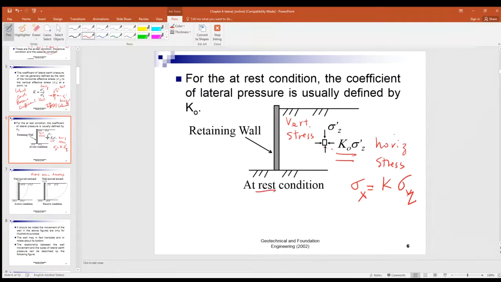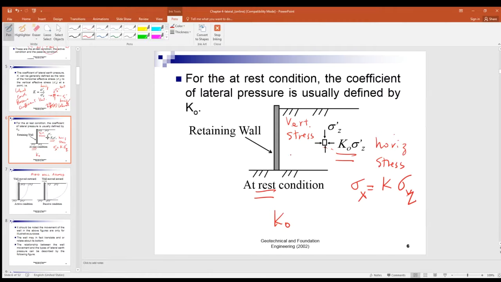Why is it k naught, at rest? We denote that earth pressure coefficient as k naught. The wall is not going out or in, but remains at rest. So that's the k naught. Let us recap.